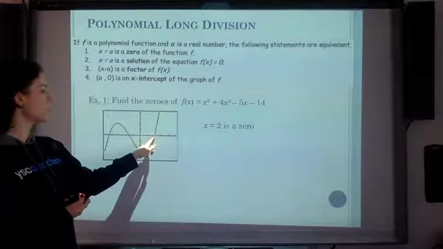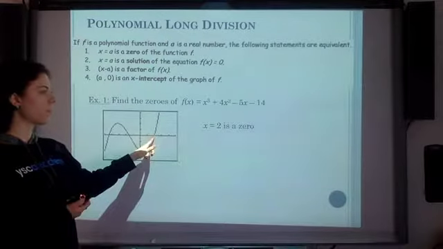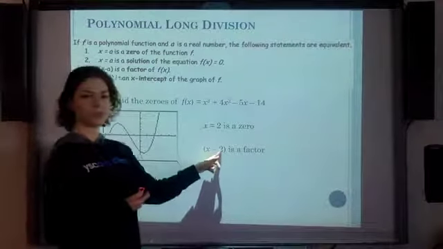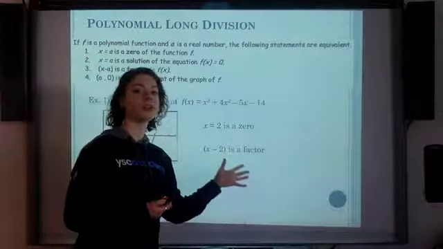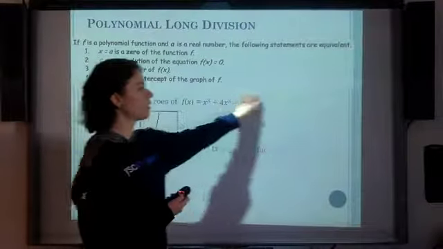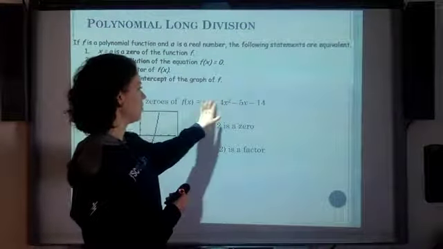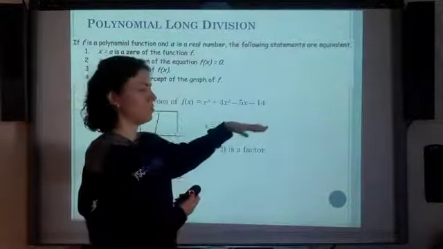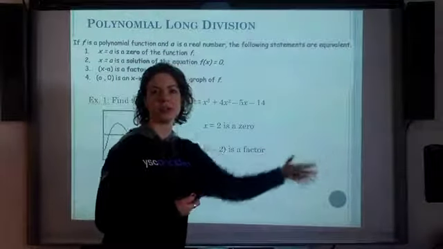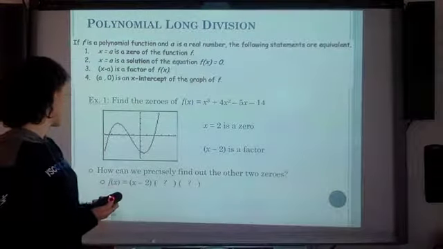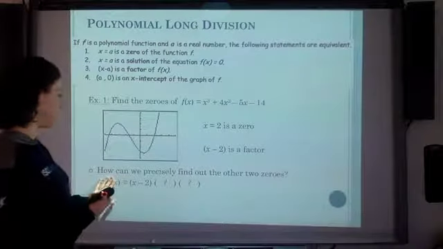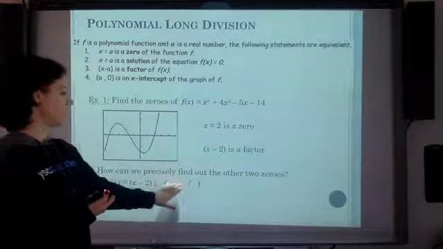But if you saw that x equals 2 as a 0, that would mean that x minus 2 would have been the factor it comes from if you factored this out. So in other words, if you rewrote this as x minus 2 times some other sets of parentheses. And that's what I have right here. So f of x is x minus 2 times something else.